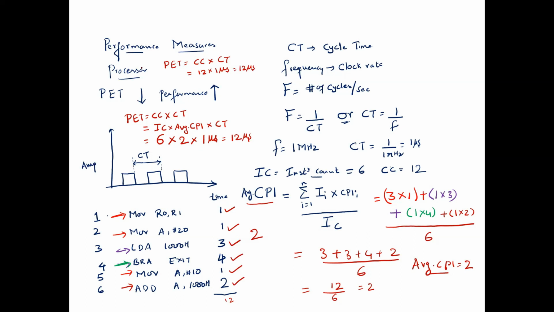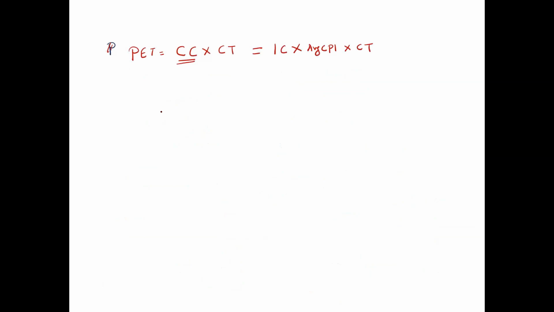So this is how we determine the program execution time. If the program execution time is lower, then we say that the performance of the system is higher with respect to the processor. We have other terminologies to measure performance.